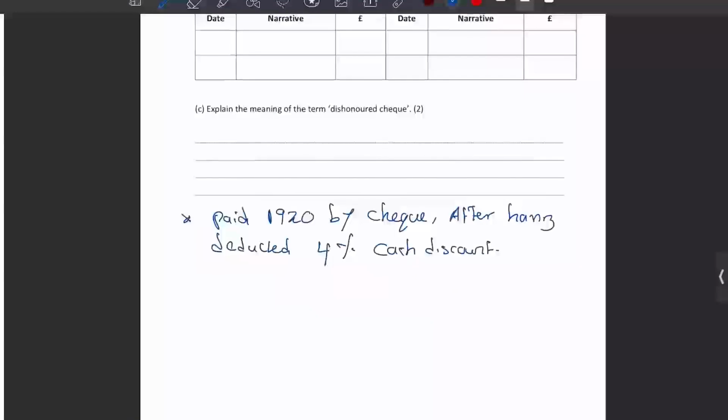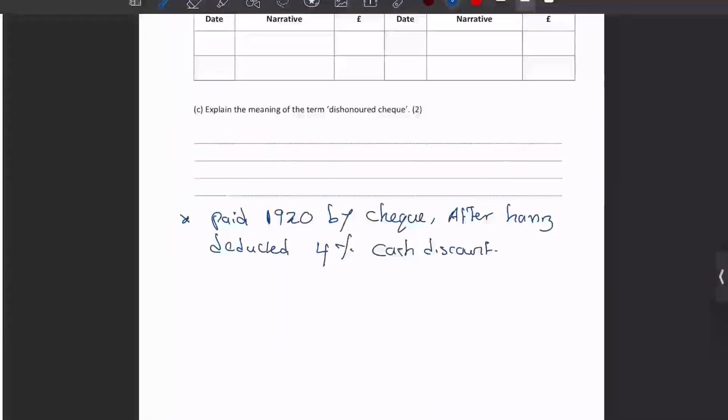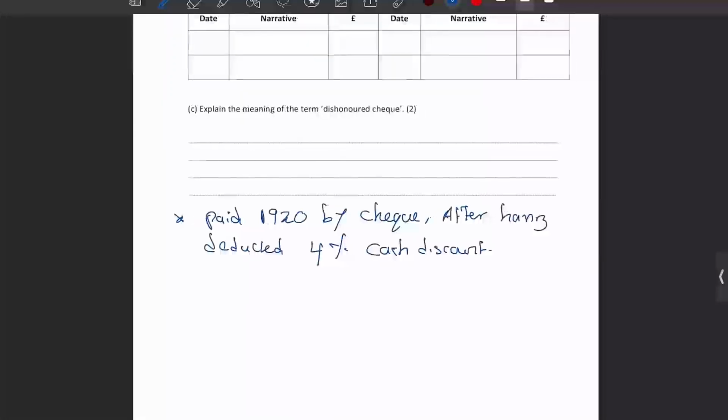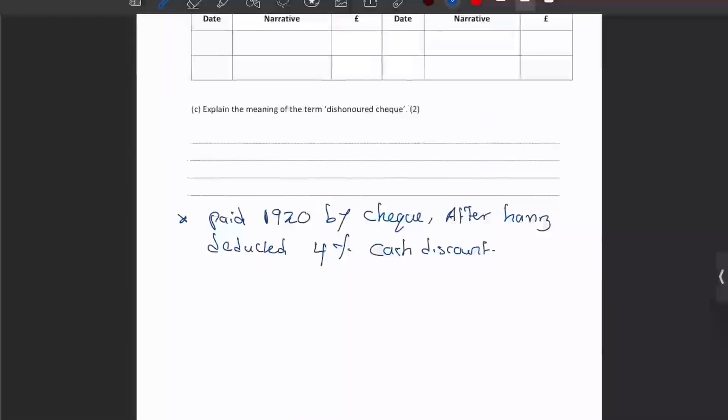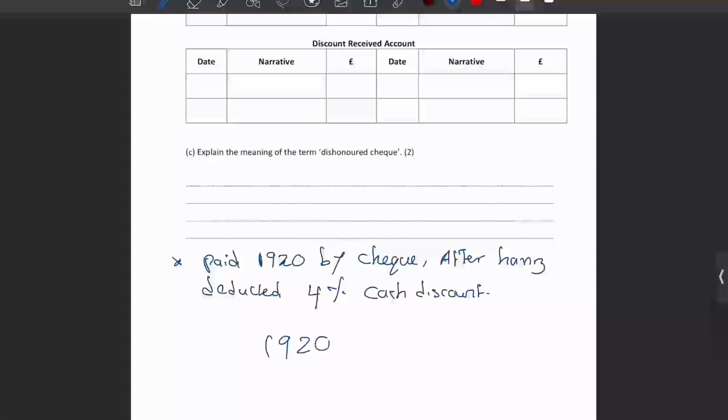Out of 100%, 4% is discount. How much will you pay? 96%. So what you paid is 96%. What will you do? 1920 divided by 96 multiplied by the discount percentage, 4. Answer 80. Now understood?